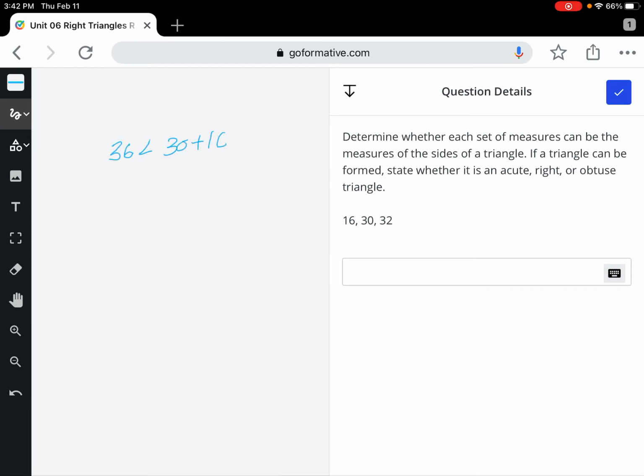First thing, always figure out if it's a triangle. Is 32 less than 30 plus 16? Is 32 less than, there we go, 46? Yes, so I know it's a triangle, so now I do Pythagorean theorem. 32 squared, or converse of, is what to 16 squared plus 30 squared?